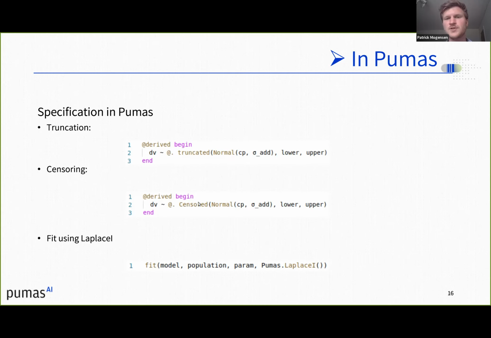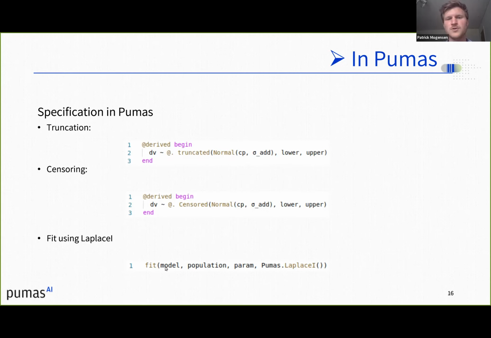And the same is true for censoring. You add the censored around the normal distribution, and then you add your lower and upper levels, and those can be, for example, 5 as in the example I gave earlier, and infinity for the upper limit. And in that case, there's effectively only a lower limit. And as I said, you have to use Laplace I, you cannot use FOCE.